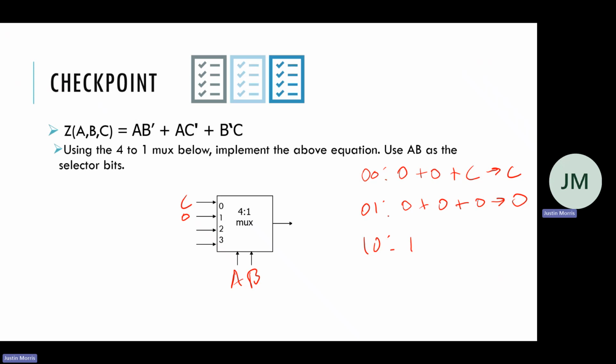I don't have to check anything else, right? Because 1 or anything is just going to be 1, right? And then 1, 1. No, we just have C naught. Are we good with this?